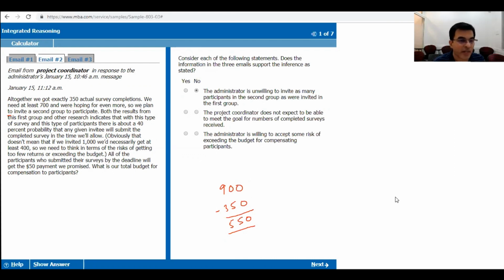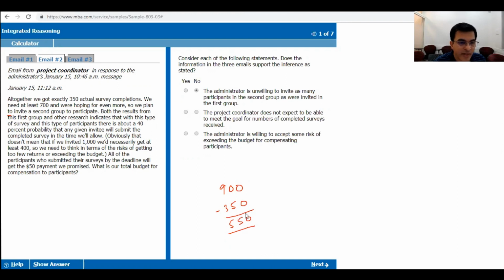So what we summarized earlier was that from what he's telling us, 350 he has got, 350 more he needs, and he has a probability of 40% approximately. So he'll need to send out approximately 900 invitations. So 40% is 360. He'll need to send out.